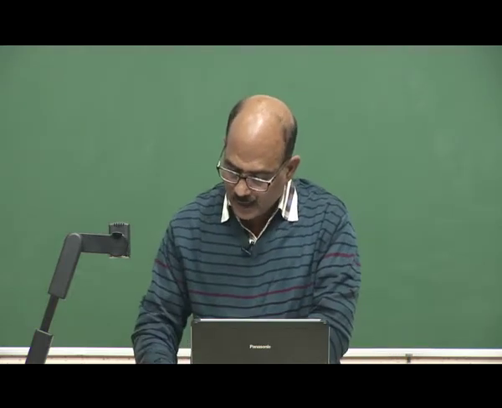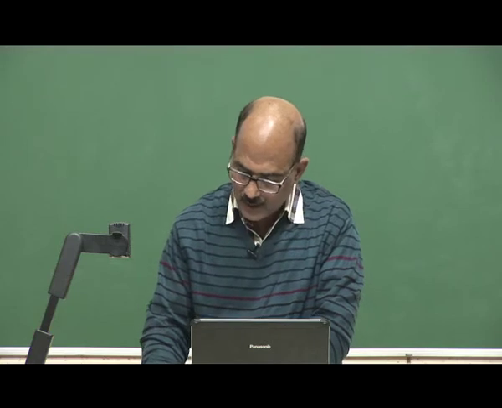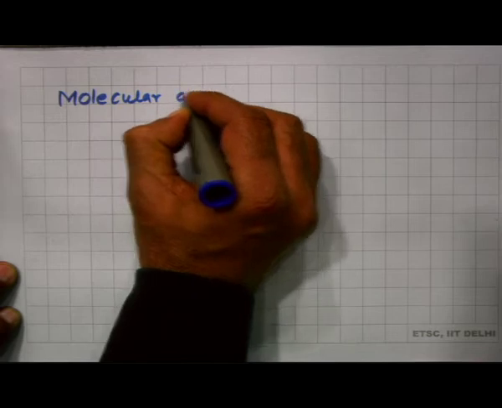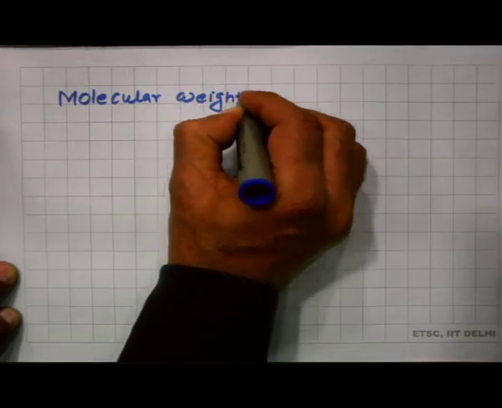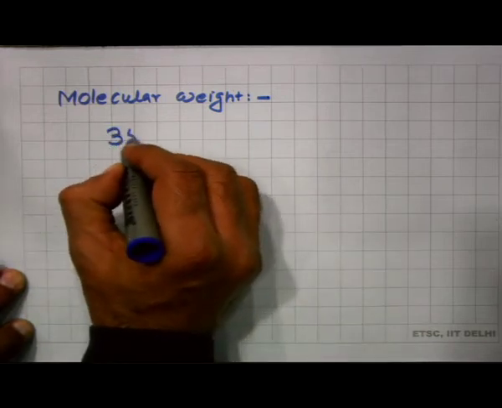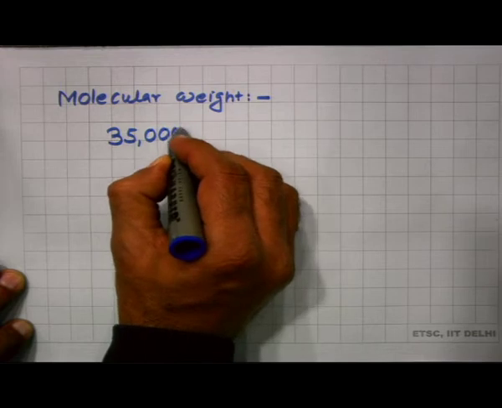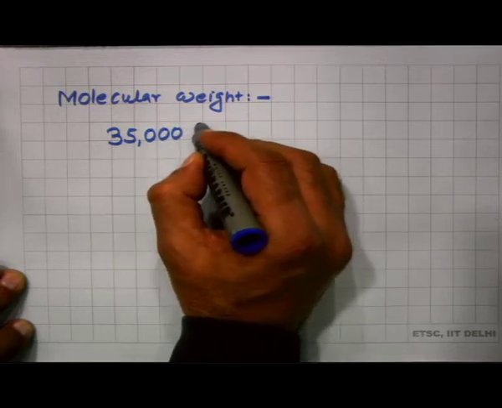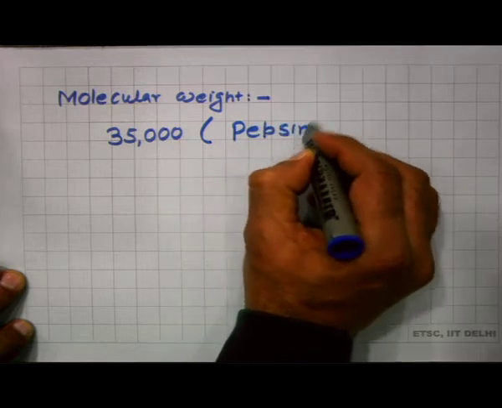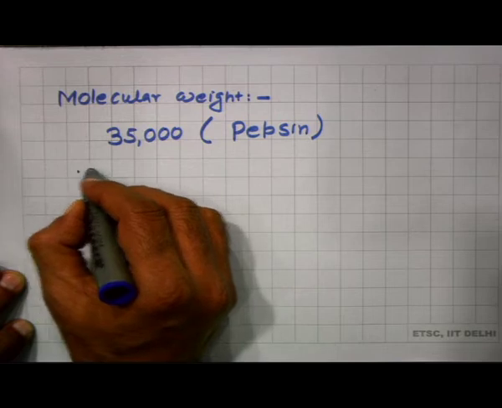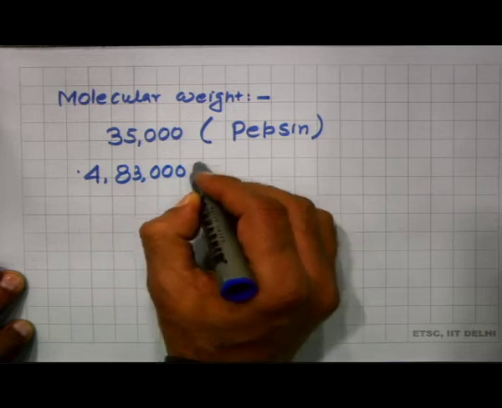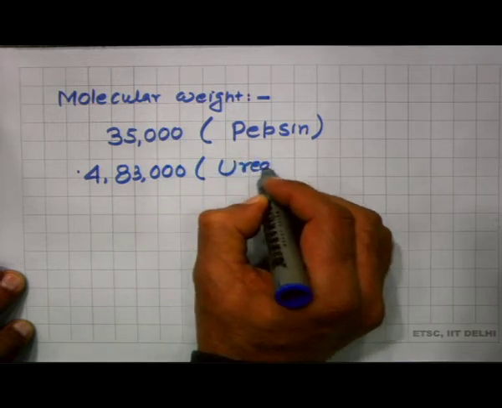Enzymes are very large molecules and have high molecular weight. The molecular weight of enzymes ranges, for example, from 35,000 Dalton for pepsin to 4,83,000 Dalton for urease.